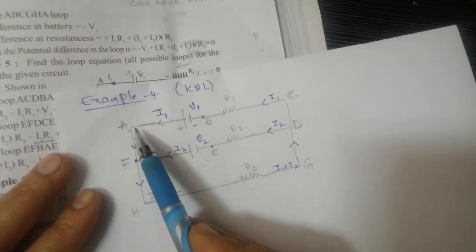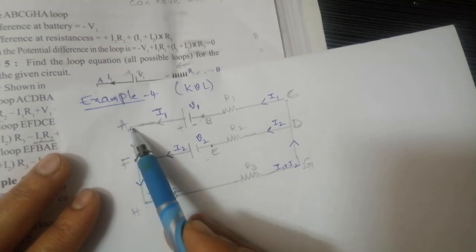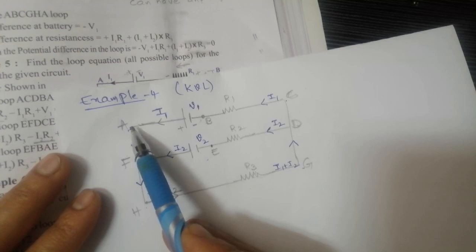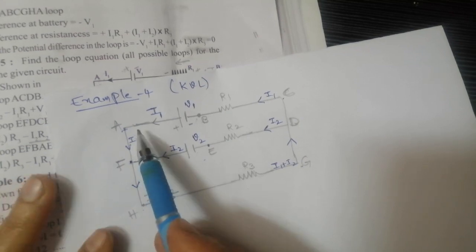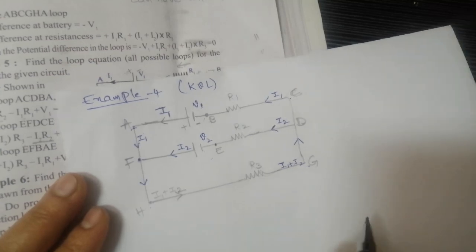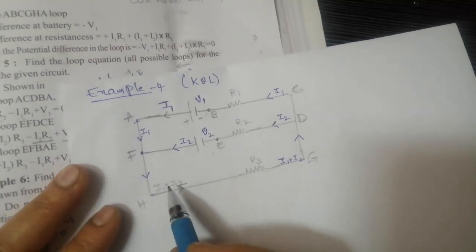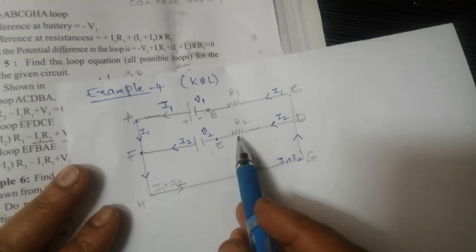The third one is A, C, G, H, again A. The starting point and the end point should be the same, then I will consider it a loop, or a mesh. Then we can consider it in the clockwise or anti-clockwise direction.